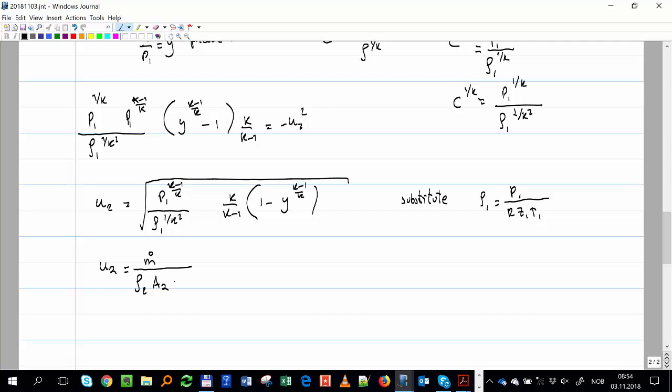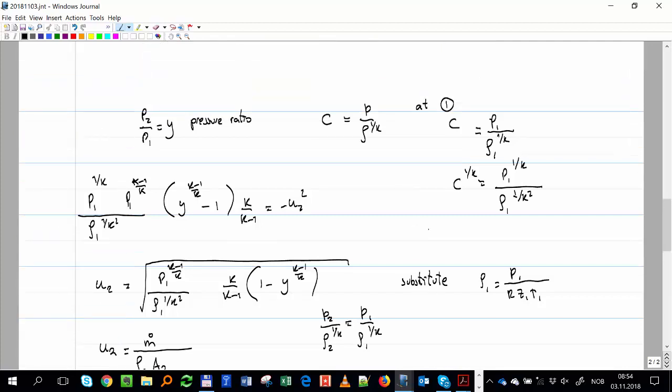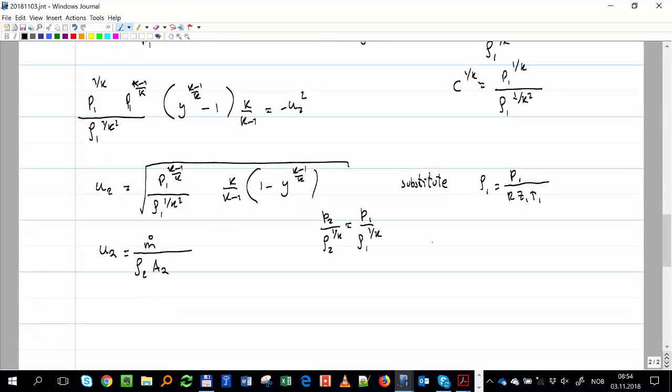And this CD, we're going to put later. But density of 2, we can use that expression: pressure 2 over density of 2, 1 over K will be equal to pressure 1 over density of 1, 1 over K, because C is constant. And then density 2 will be P1 1 over K divided by P2 times density 1. And then again we can substitute this expression here.